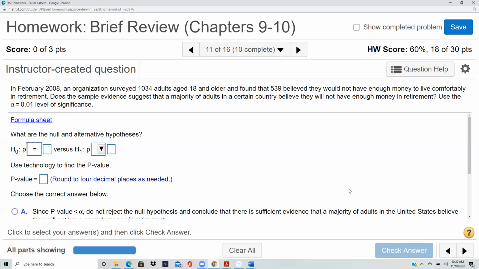Okay, read all the words. 1034. 1034 is not a word. But that's the number I think of when I think sample. And I just told you that the sample numbers are never put in the hypothesis test. That's why I said read the question part of the problem.